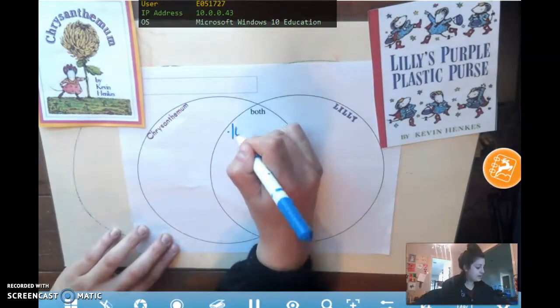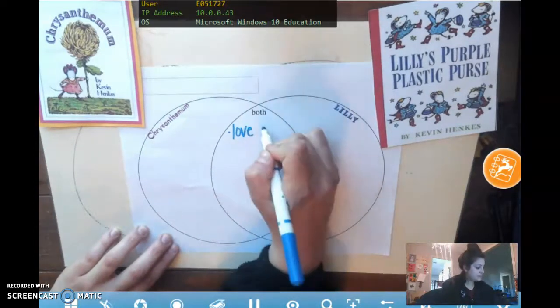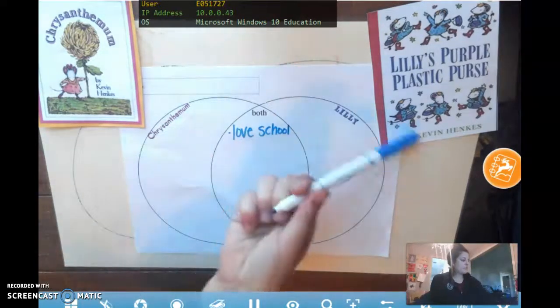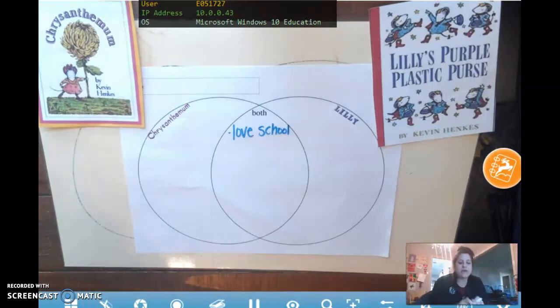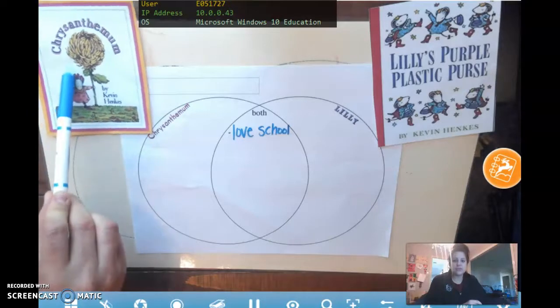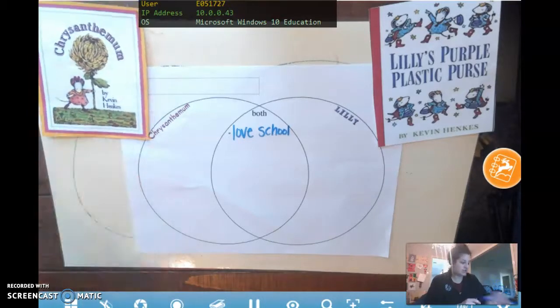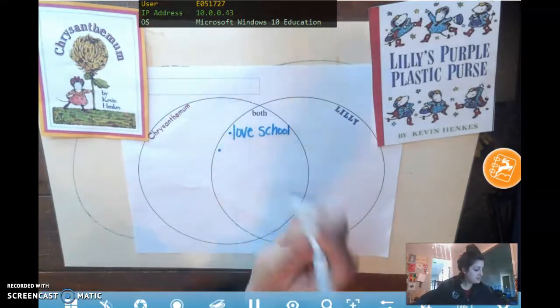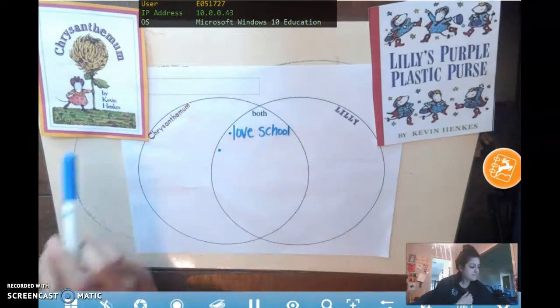They love school. Remember, Lily is so excited. She can't wait to go to school with that purse. Chrysanthemum is so excited. She can't wait to go to school and she loves her name. So that's a feeling that they share.